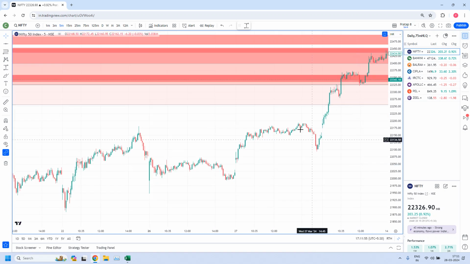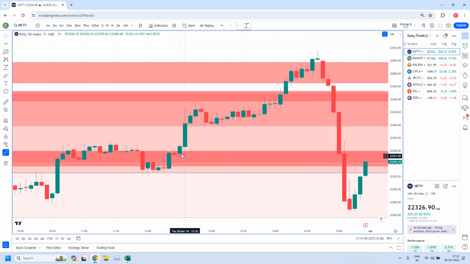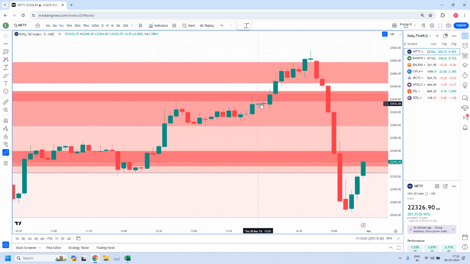See, today both these zones are violated easily. This is the one easily violated, and even this is the one violated. After that, in this trap area the bulls struggled here, and finally bears took complete control and pushed the market down.